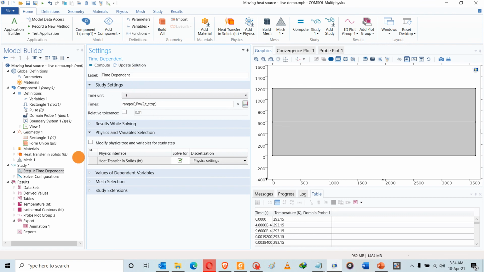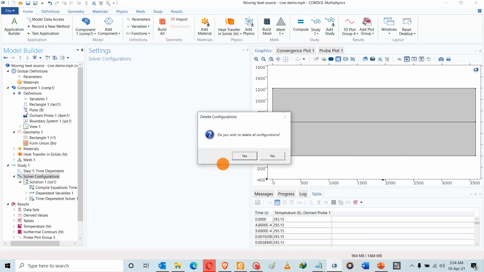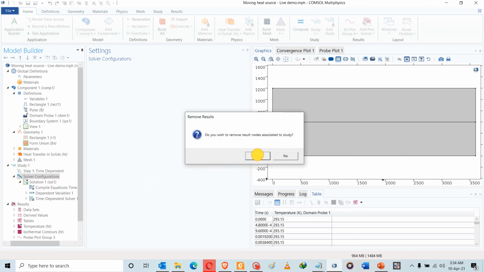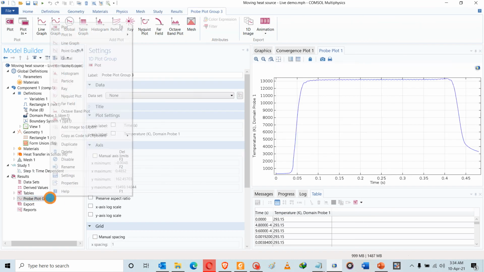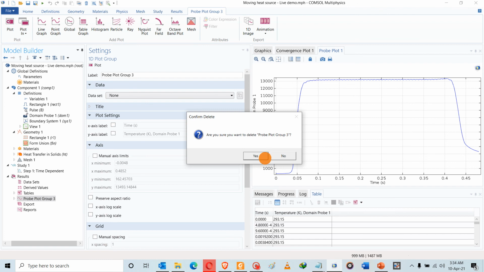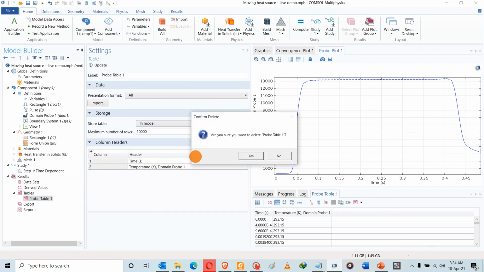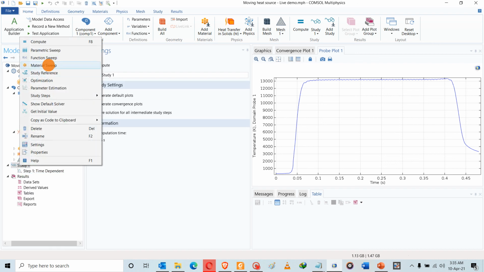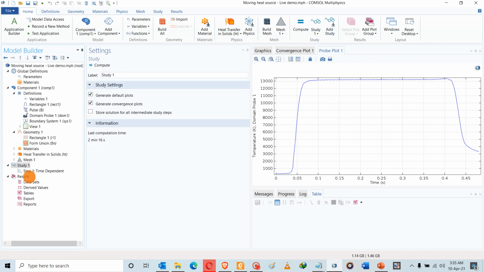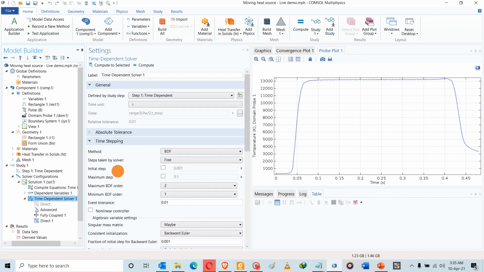Now we are going to try and compute, but before we do that, let's delete the solvers. Delete the solvers, and this probe table is deleted as well. Clearing the data. Let's have another default solver with an intermediate time step.